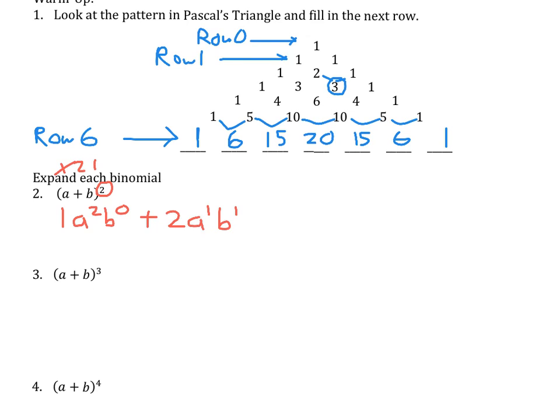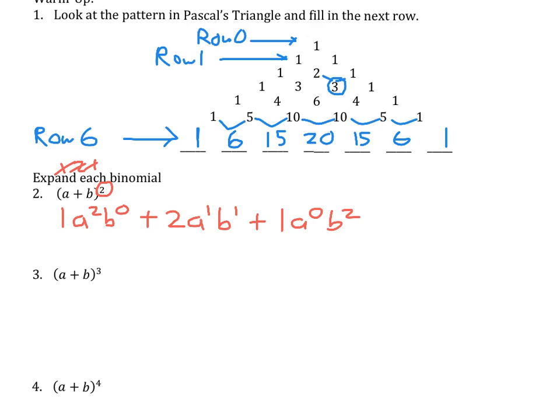The exponents, that is. Now we just used the 2, and so now we're going to use the 1 from Pascal's triangle. So we have 1, and the A keeps dropping by 1, so now it's going to be A to the 0. The B is going up by 1, so it's going to be B squared.